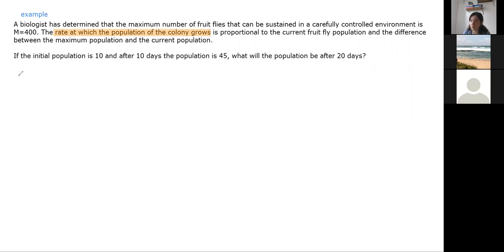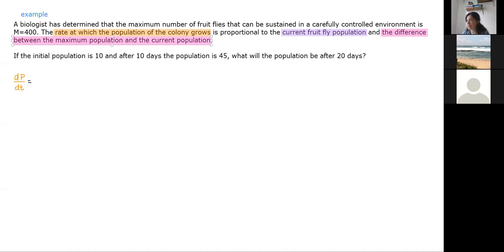So the rate is going to be dp over dt, where I have denoted the population at any given time by the letter p. So this is going to be proportional to the current fruit fly population, meaning the current value of p, and to the difference between the maximum population and the current population.